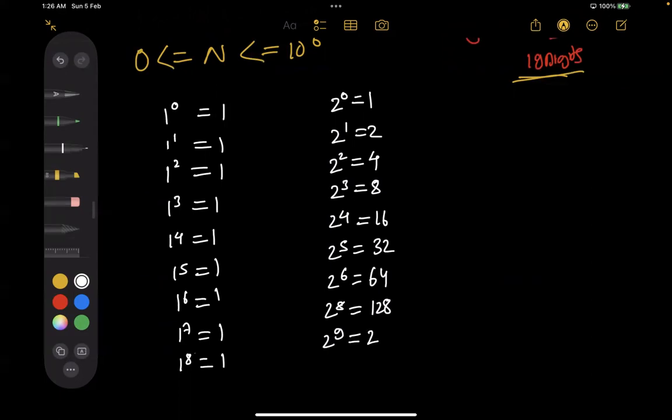Did we miss any number? Yeah, 2 power 7 is 128. 2 power 8 is 256. 2 power 9 is 512. 2 power 10 is 1024.